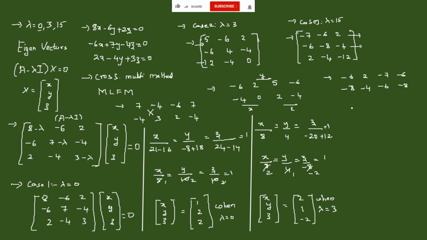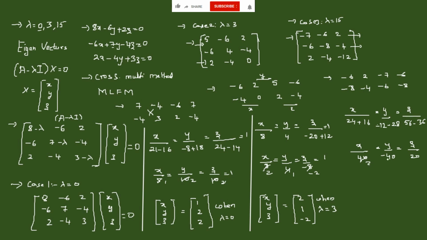Again we're finding the value of x divided by, it becomes 6 times 4 is 24 plus 8 times 2 is 16, so x divided by 40, is equal to y divided by, it becomes 6 times 2 is 12, minus 7 times 4 is 28, so minus 40, is equal to z divided by, it becomes 8 times 7 is 56 and this one becomes minus 36, so z divided by 20.